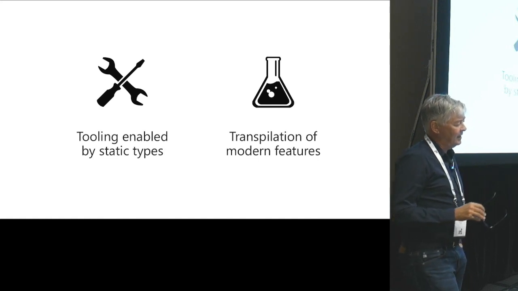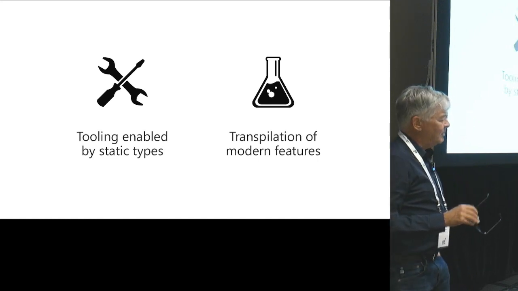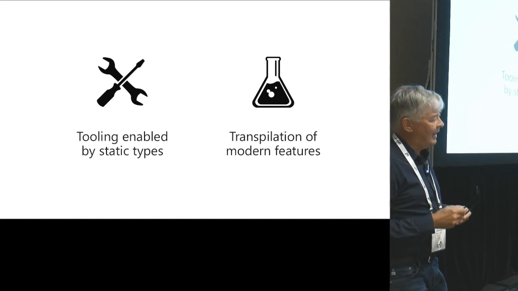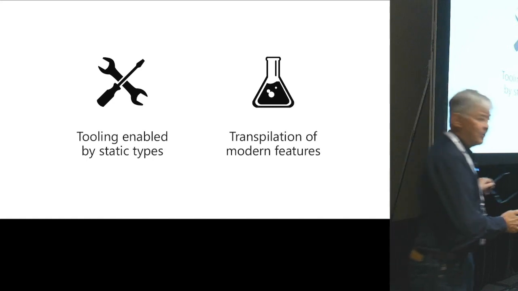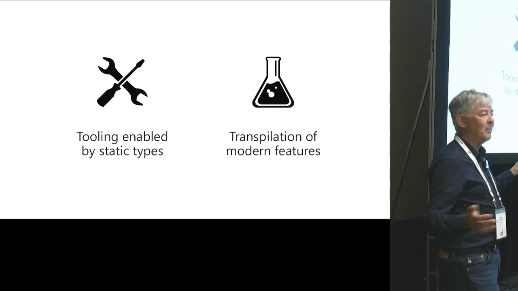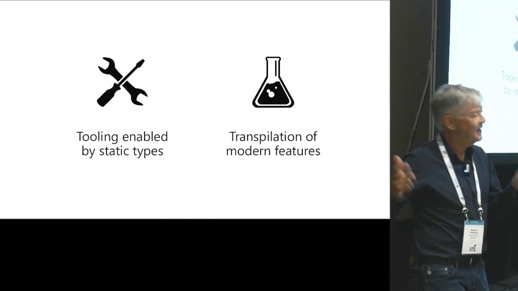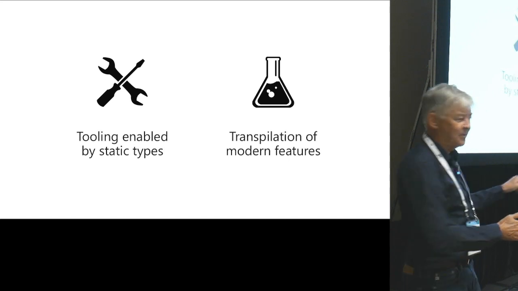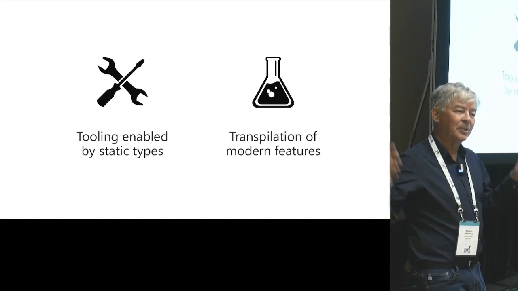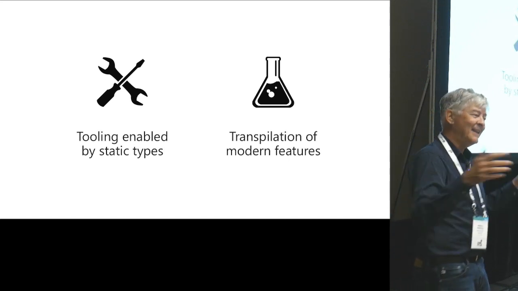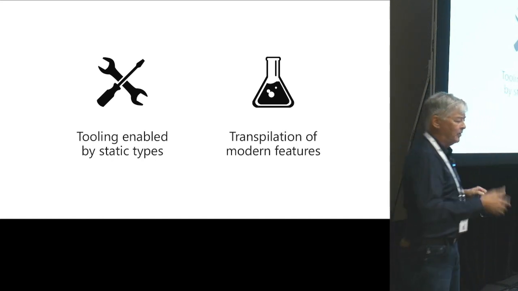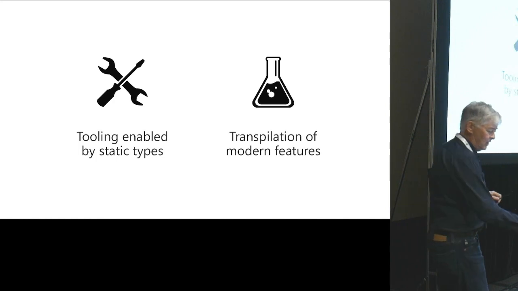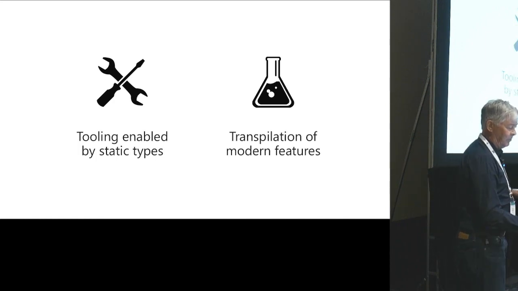And the other thing was ECMAScript 6 was becoming a thing, and it defined a whole bunch of new features, but the browsers were lagging behind, and so there were a bunch of features that people wanted to use, but they couldn't use because they weren't in the browsers. Yet it's actually possible to compile them into idiomatic down-level JavaScript through transpilation. And so those were sort of the two things that we wanted to do with the TypeScript project.